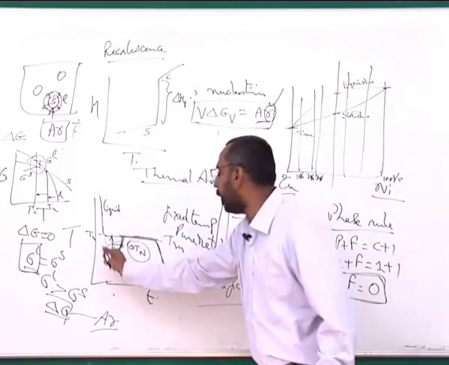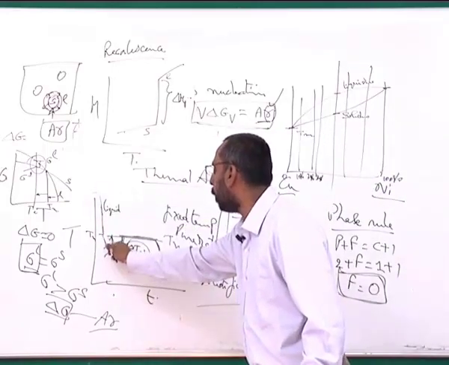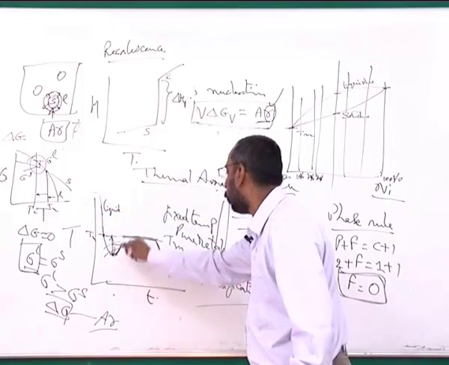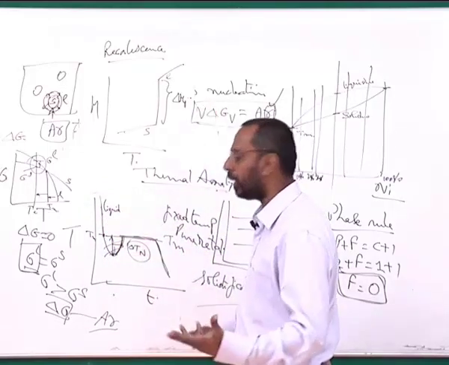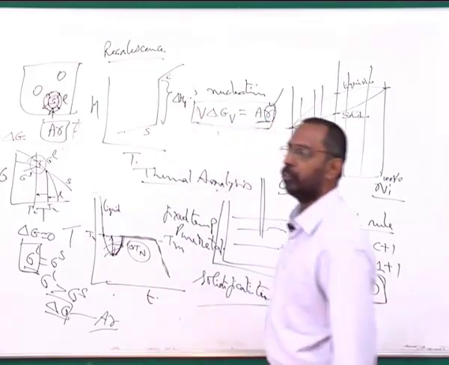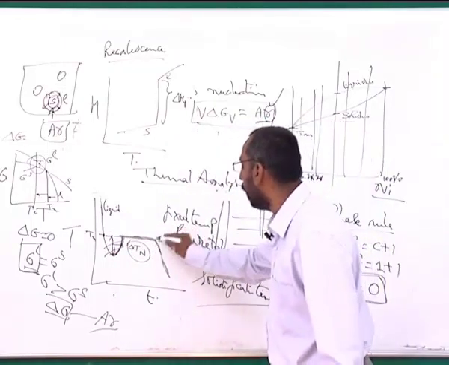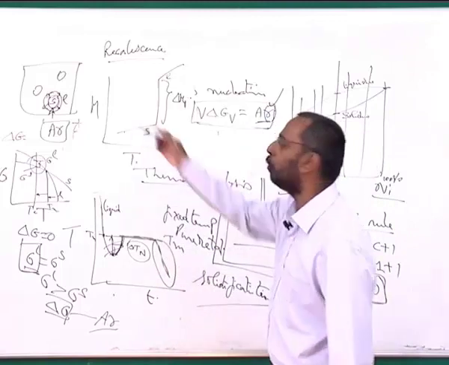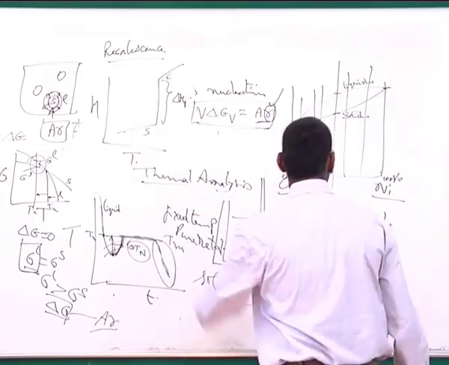It will be simply a liquid being cooled up to the melting point, and if it is heterogeneous nucleation, which is normally the case, you will simply see a thermal arrest here, and then after the solidification is over, again the solid gets cooled by Newton's law of cooling. So this is how you will be able to see it.